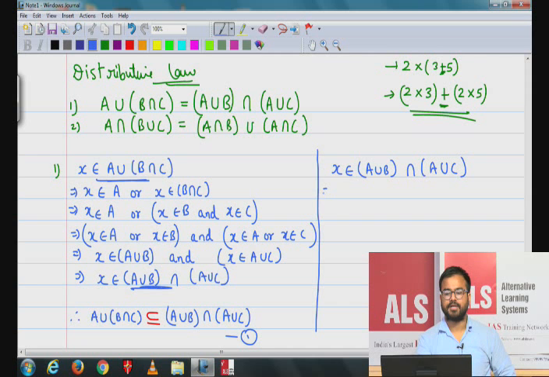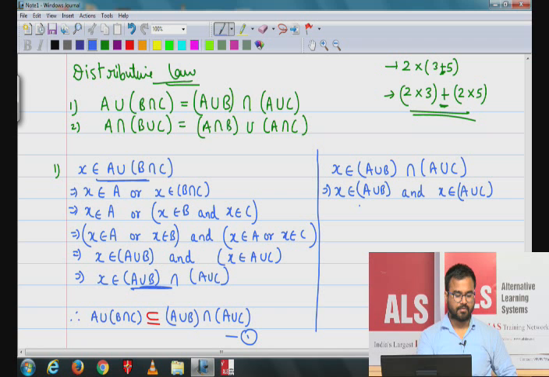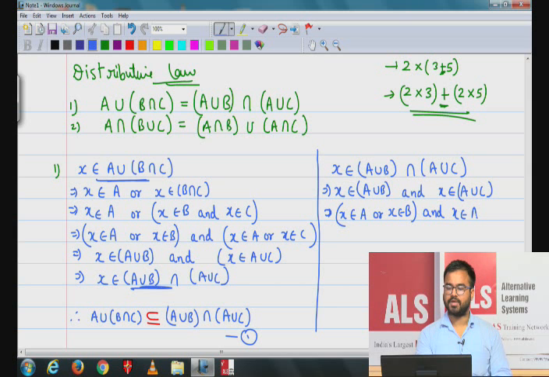It implies that x belongs to A union B, and since there was intersection, x belongs to A union C. Now we can write it as x belongs to A or x belongs to B, and x belongs to A or x belongs to C.